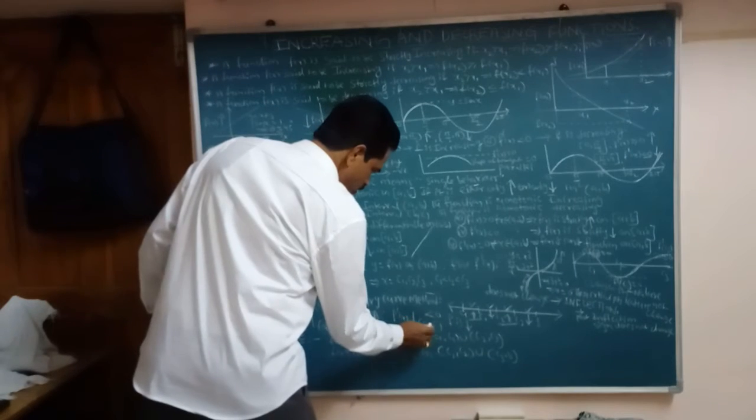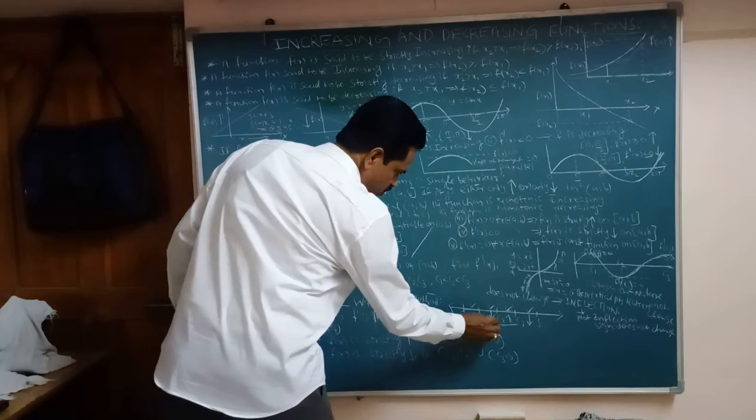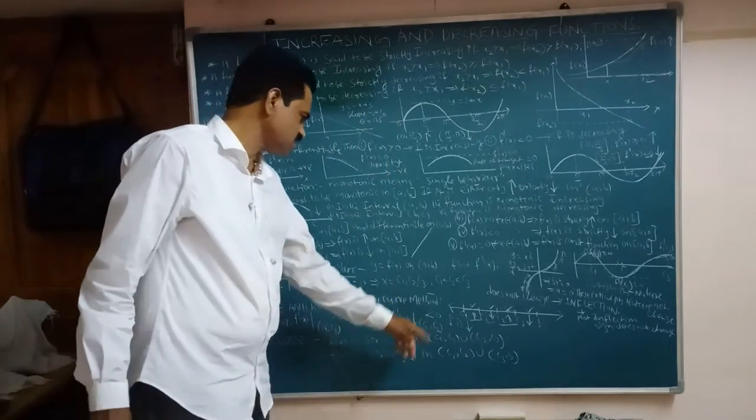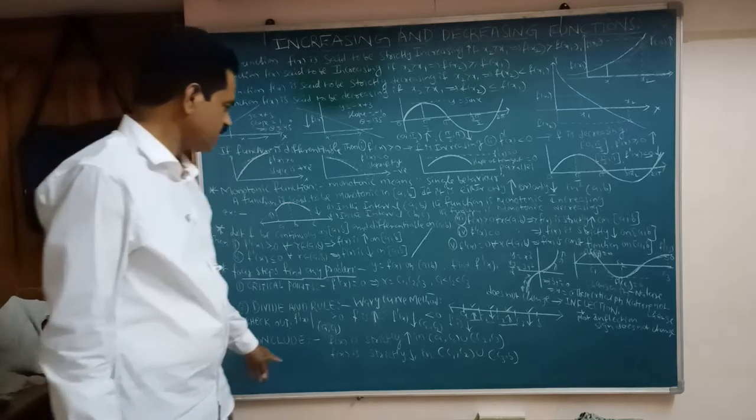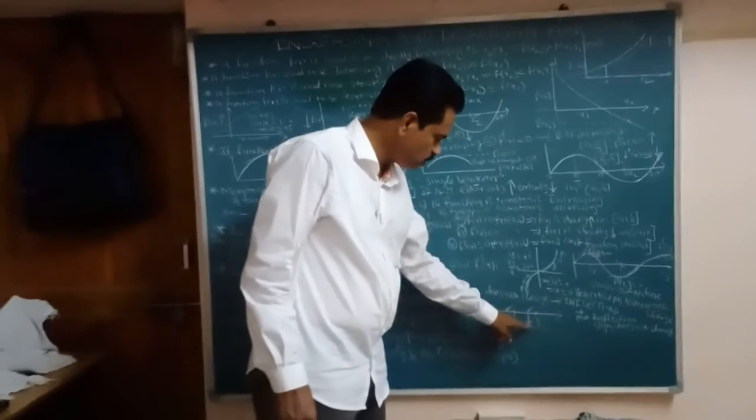It is less than 0, na? For C1 comma C2 it is negative, so f dash x is less than 0. Next, conclude. In which intervals is it positive? A to C1 is positive and C2 to C3 is positive.